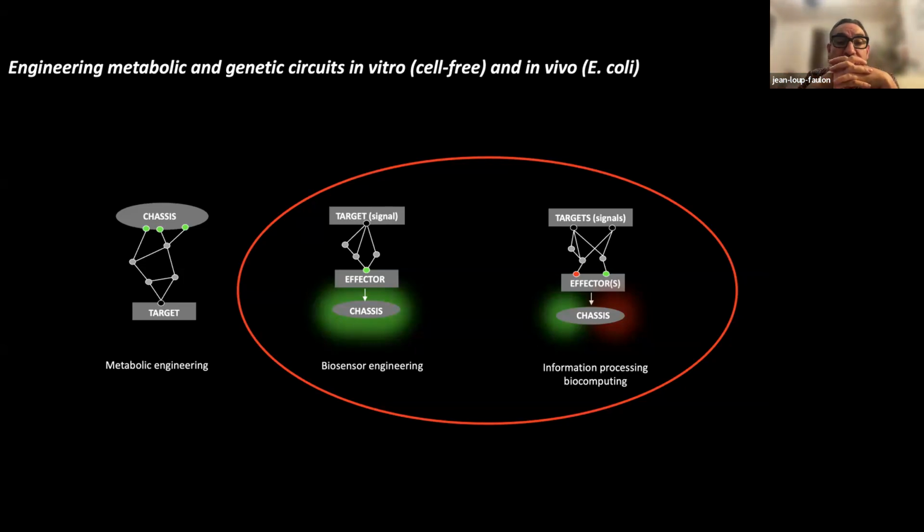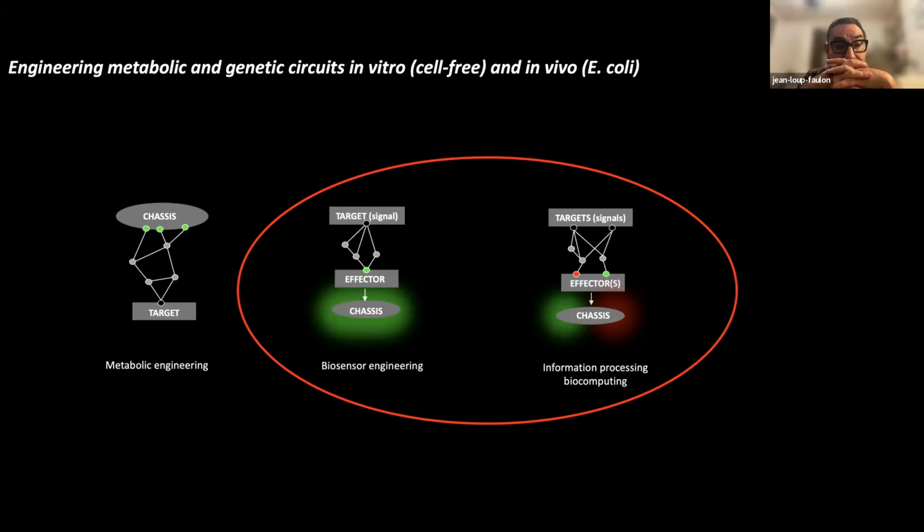The issue is that there are not that many molecules that can directly activate or repress a transcription factor, and even fewer a riboswitch. The riboswitch acts at the level of translation, and transcription factors at the level of transcription.